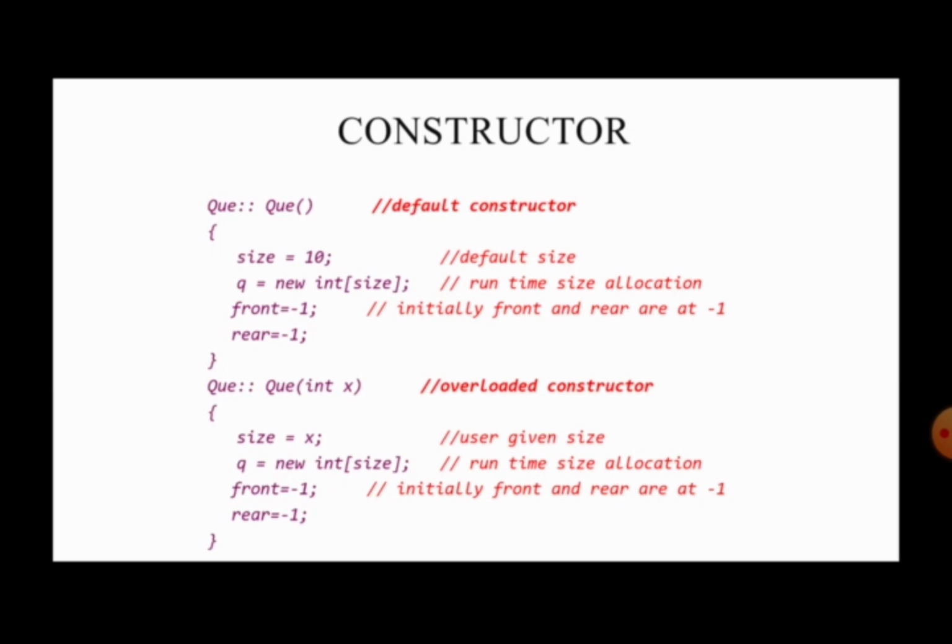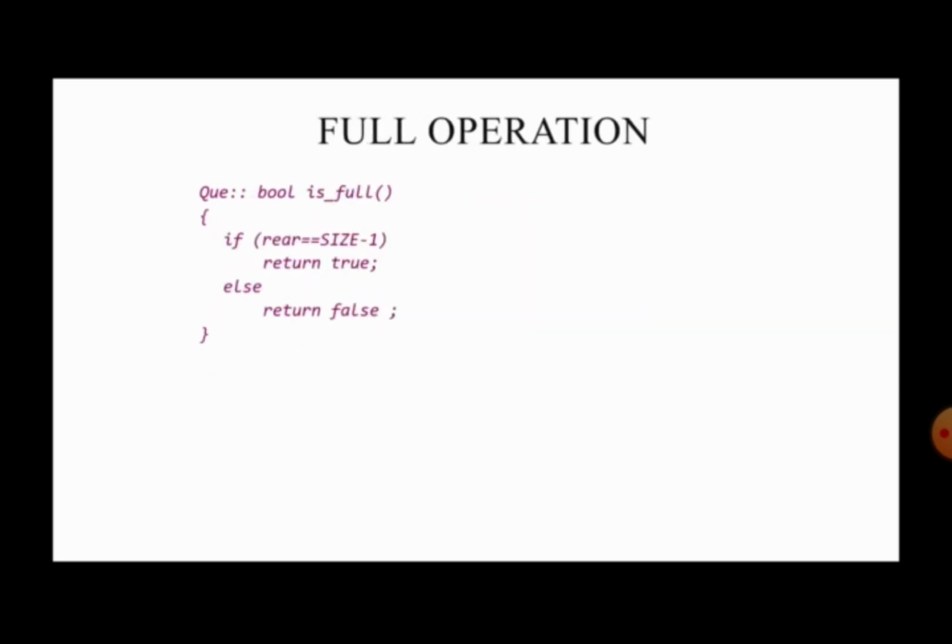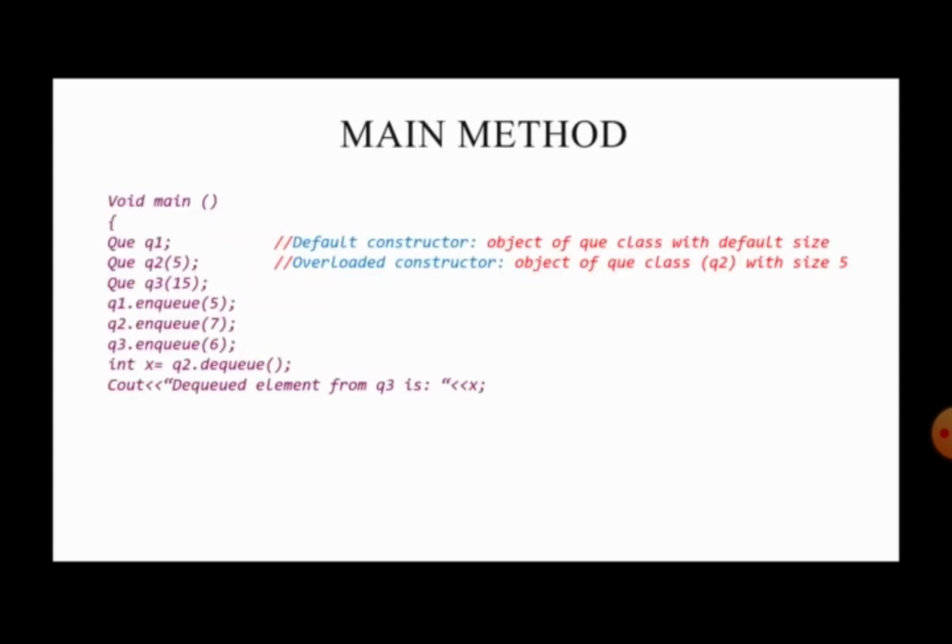In the overloaded constructor we are passing integer x as argument, and the size of the queue will be according to the value passed at the time of creating the object.